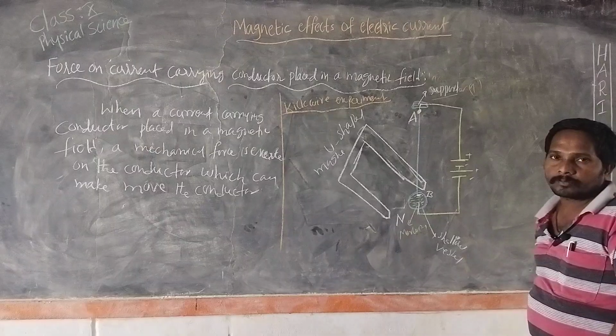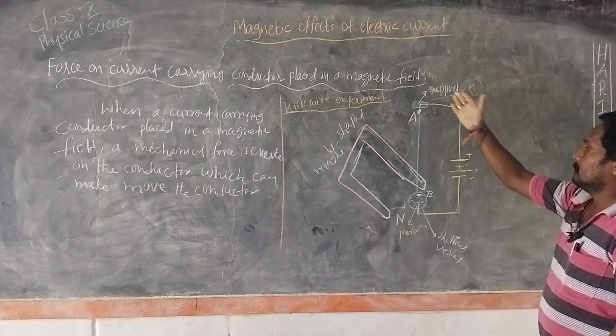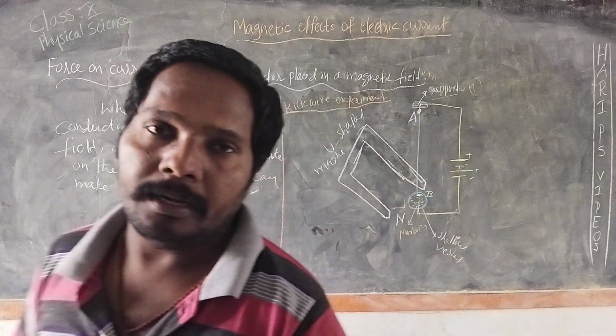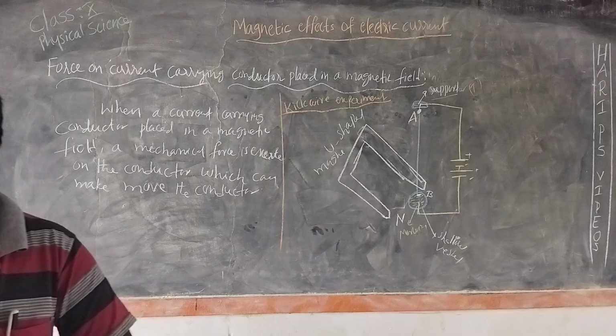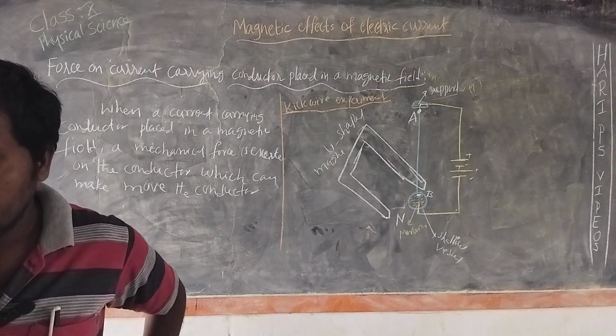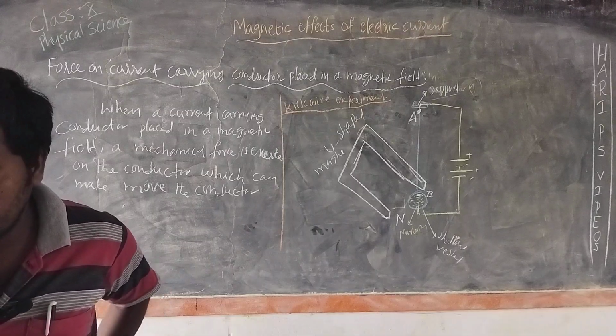When we switch on, what will happen? Current flows in the conductor. On pressing the switch, a current flows in the wire AB in the vertical downward direction.